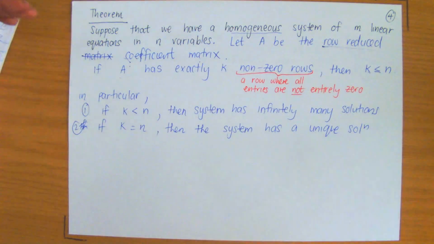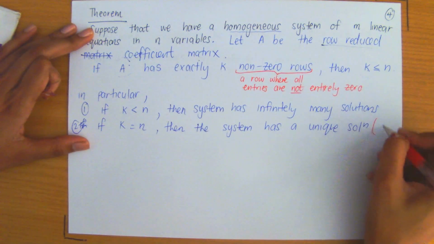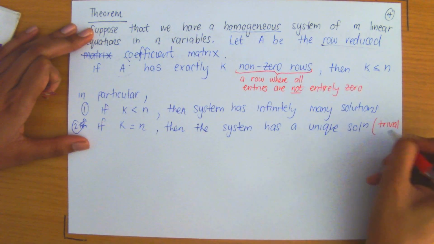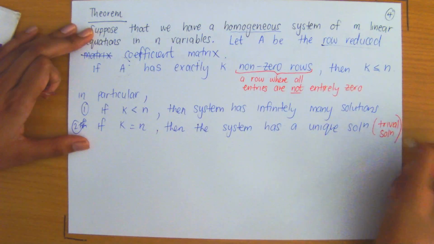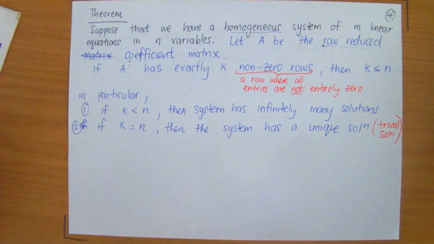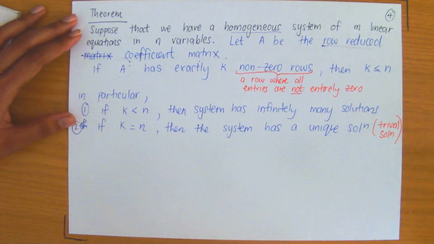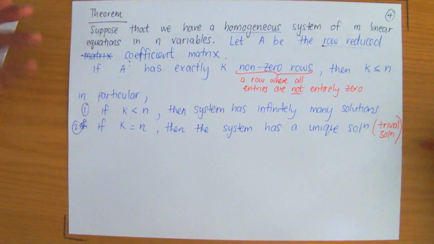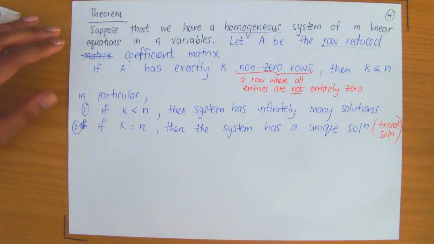And it turns out that the unique solution that you would obtain from a homogeneous system is a trivial solution. What do I mean by trivial? Trivial means that the solution to all of the variables is 0. So regardless of the number of variables that you have, all of them will be equal to 0. And whenever we have a solution of zeros, we call that a trivial solution.